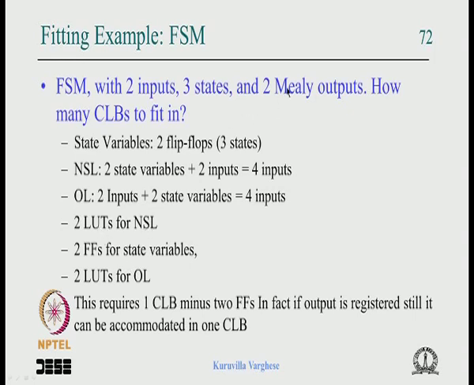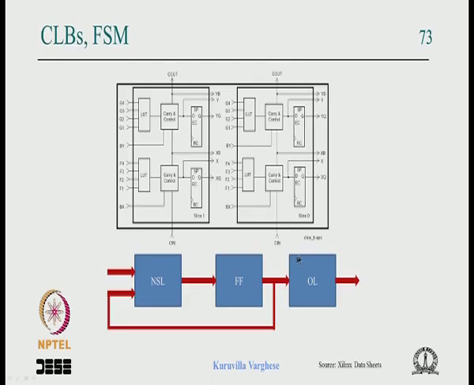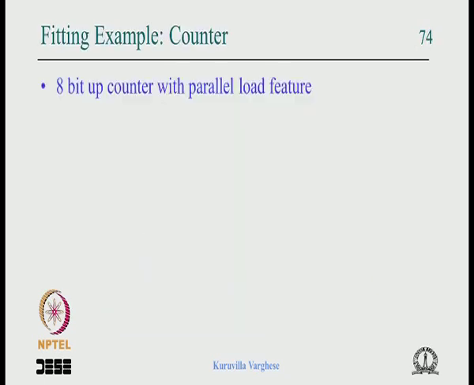And when it comes to output logic, we have a Mealy output and that decodes the present state, and I have not shown but the input also, okay. So there are 2 flip flops, 2 inputs, so there are 4 inputs to the output logic, and that logic will require a 4-input lookup table.